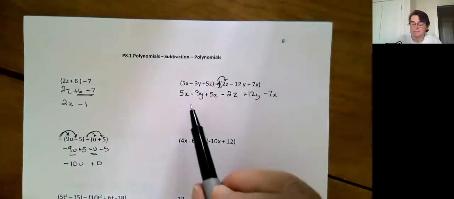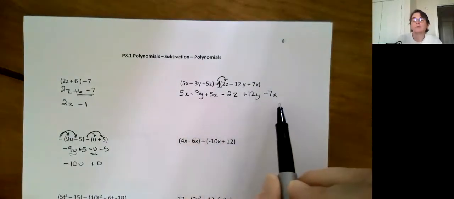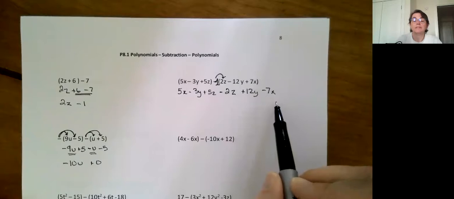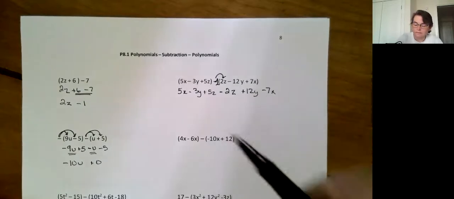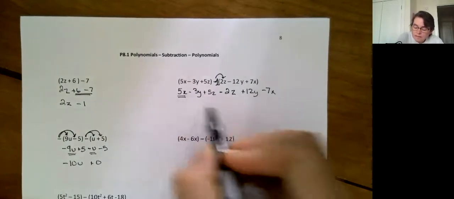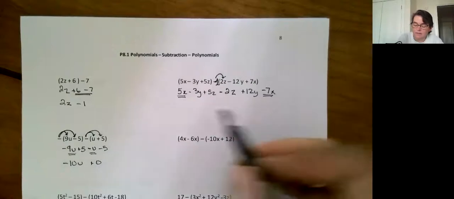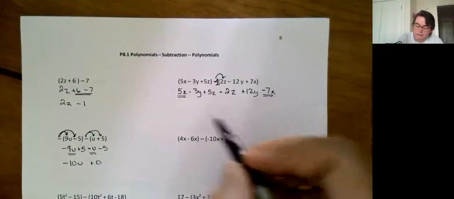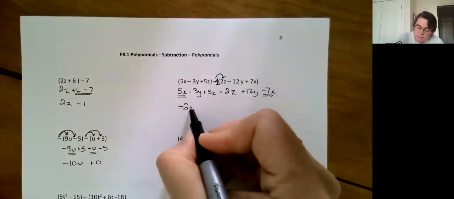Awesome. Now, this question was set up so that the order is kind of wonky. I want to make sure that that doesn't freak you out. We've got x here and x back there. So 5x minus 7x is minus 2x.